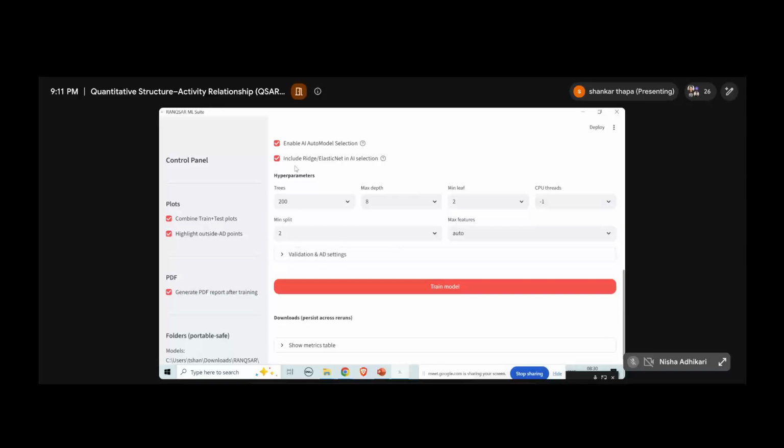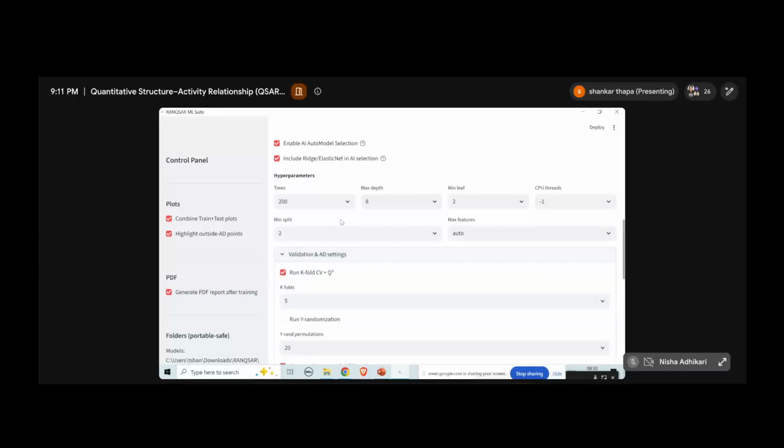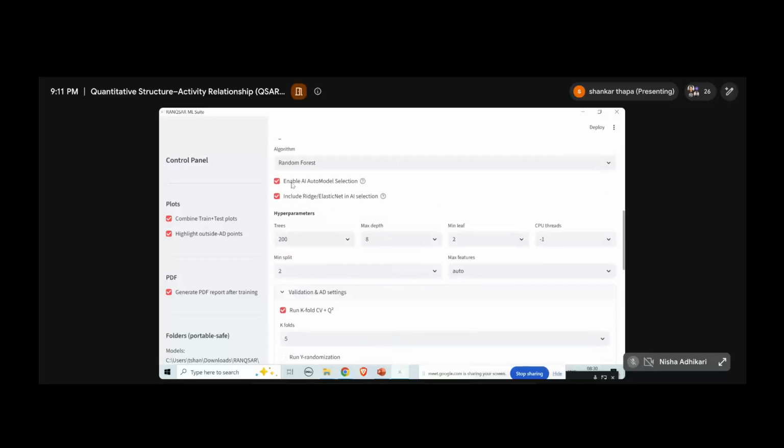And then now, the validation settings. Till here we are going to develop the models using the random forest. Since we have enabled this AI auto model, it will test with other algorithms also and then give us the best result.